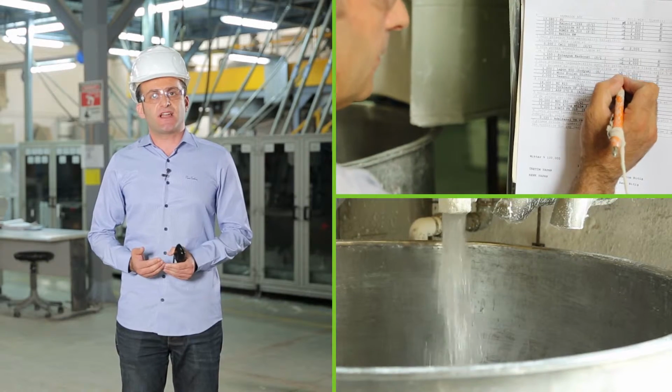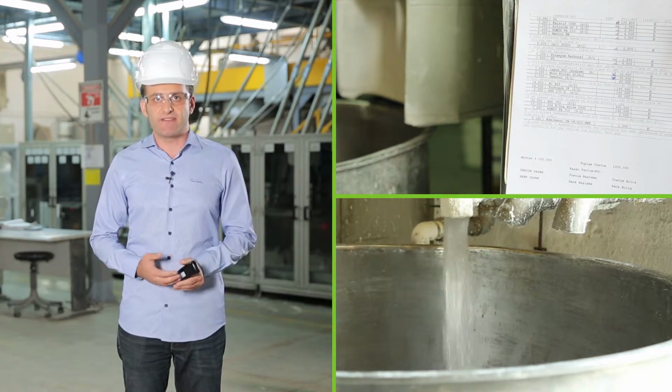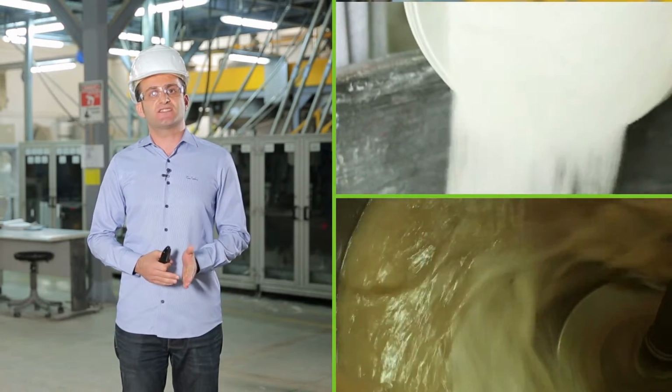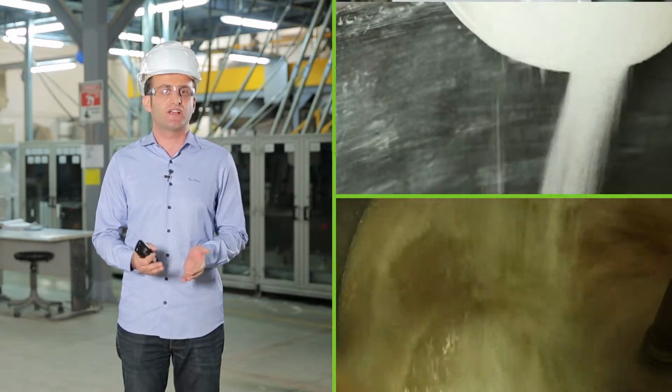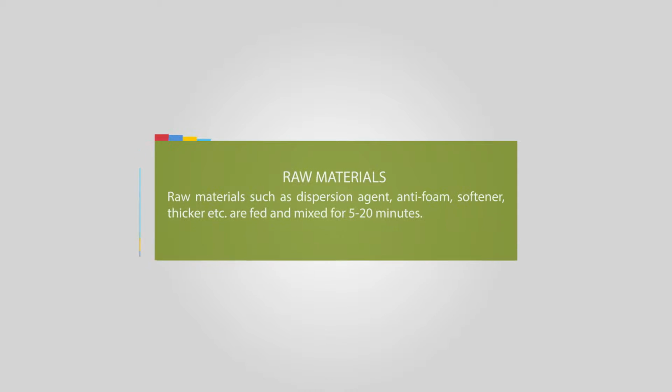The vessel is first filled with water in quantities specified on the production card. The production card also contains all process steps, codes and quantities of other raw materials to be added. Raw materials such as dispersion agent, anti-foam, softener, thickener, etc. are fed and mixed for 5 to 20 minutes.